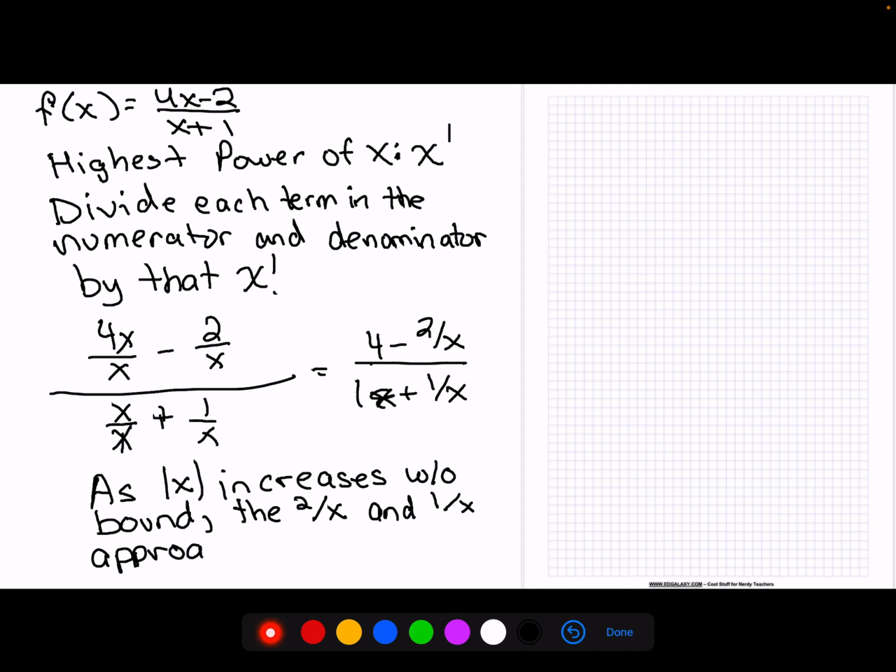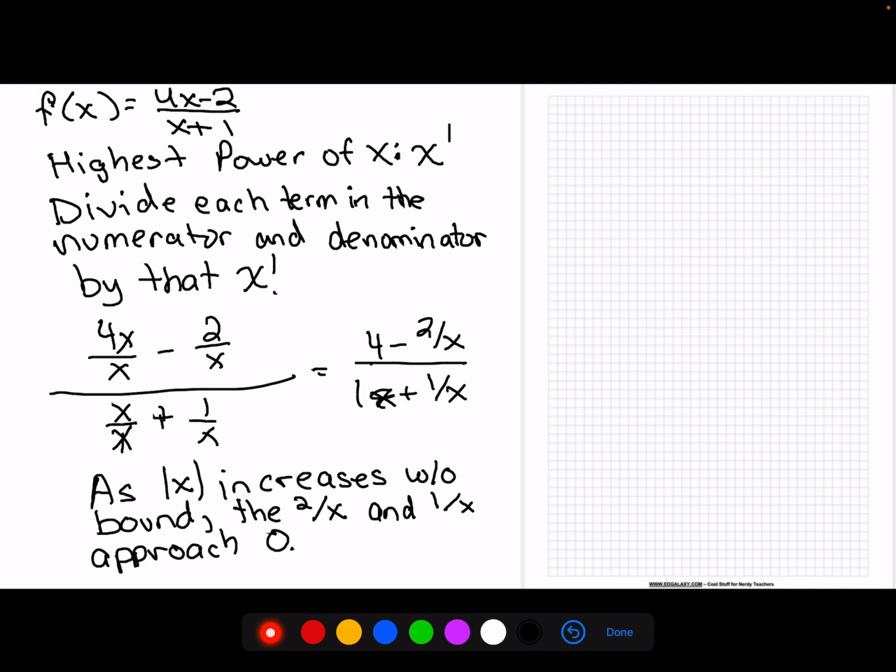If you think about how that graph looked when you were learning how to graph, like y equals 1 over x, like in that previous video, as your x increased without bound, the graph got closer and closer to the x-axis. So that 2 over x and 1 over x approached a value of 0 for y.